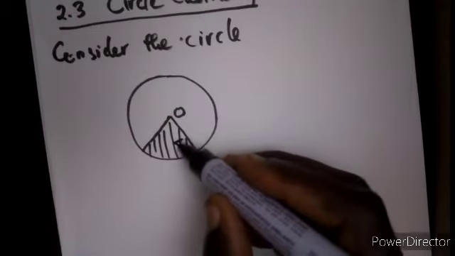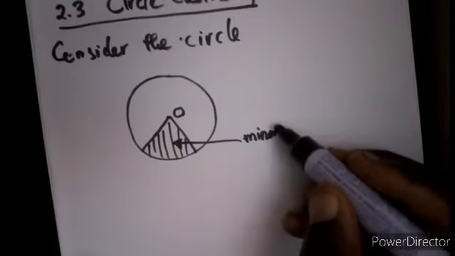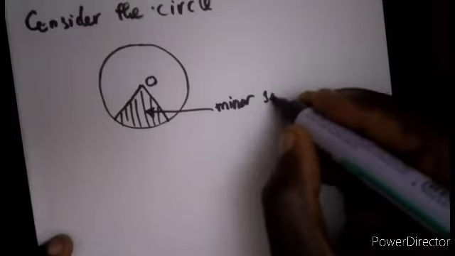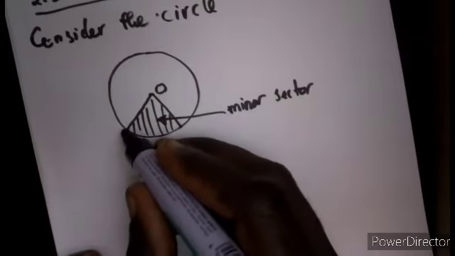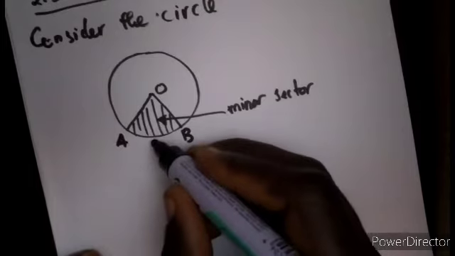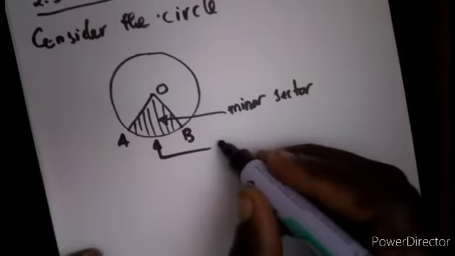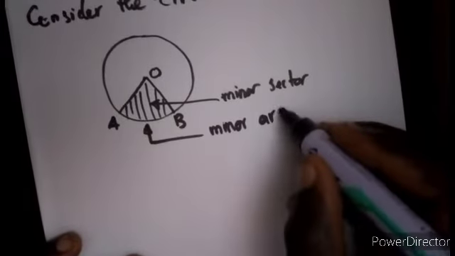Actually, we often call it the minor sector. And this curve, let's call this curve AB, is often called the minor arc.